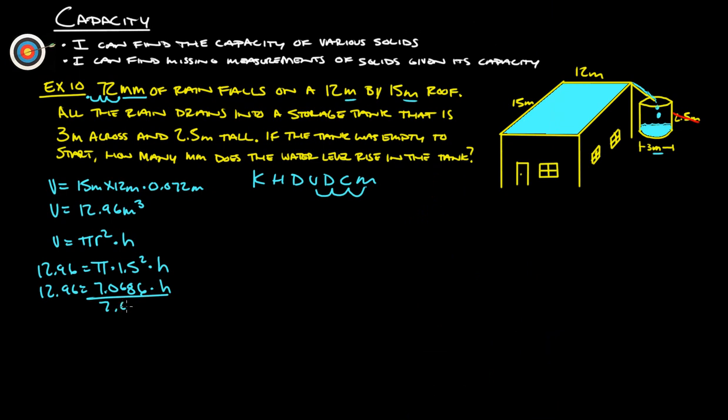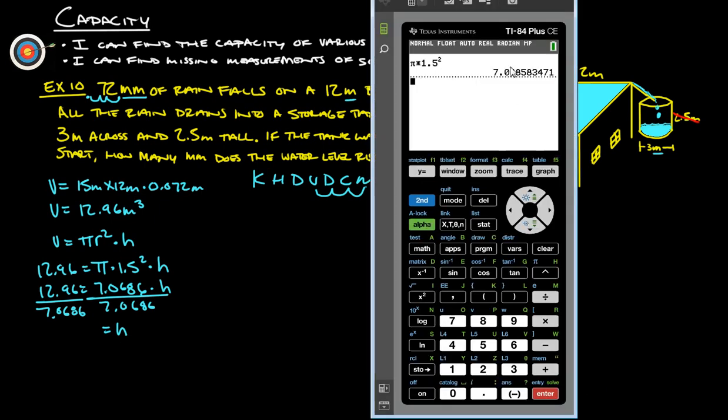Divide both sides by 7.0686, and then that will tell us what the height is, right? So we already have that 7.068 non-rounded in here. So we'll simply do 12.96 divided by our answer here, and we get 1.833.